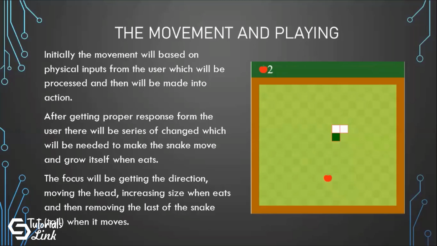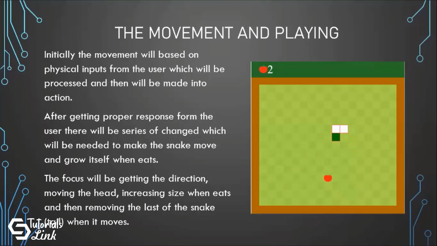So let's just go through it. Initially, the movement will be based on physical inputs from the user, which will be processed and then made into action. After getting a proper response from the user, there will be a series of changes needed to make the snake move and grow itself when it eats.